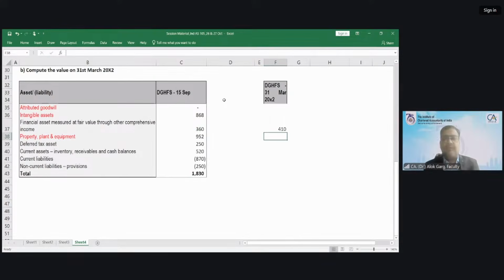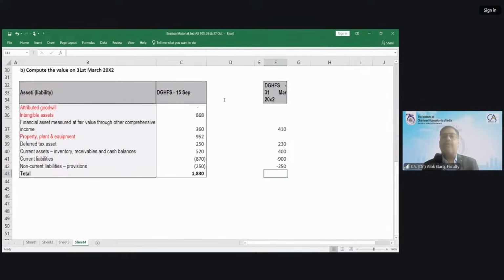Then the value of deferred tax asset is 230, and the current assets value is 400. And the values of liabilities are 900 and 250, so minus 900 minus 250, right? These values are given.